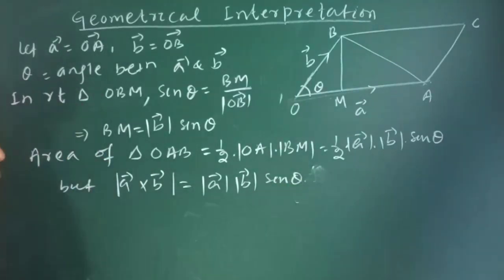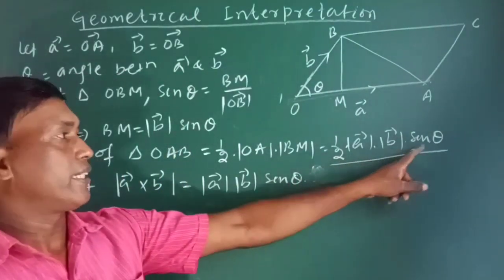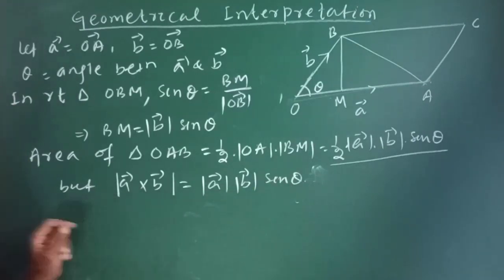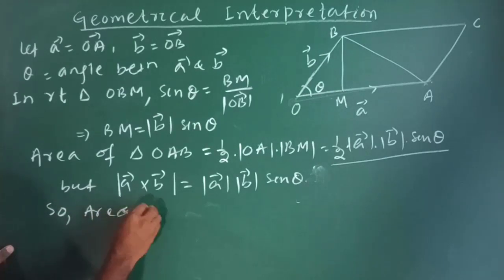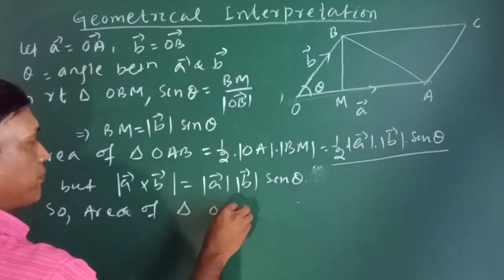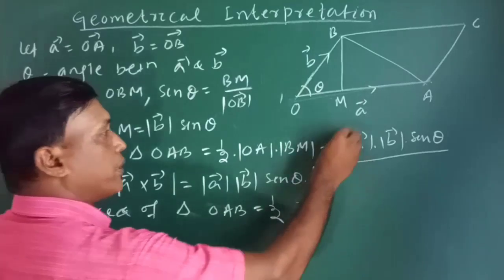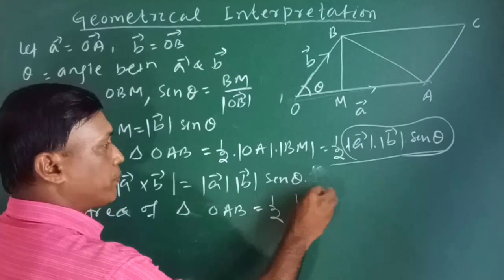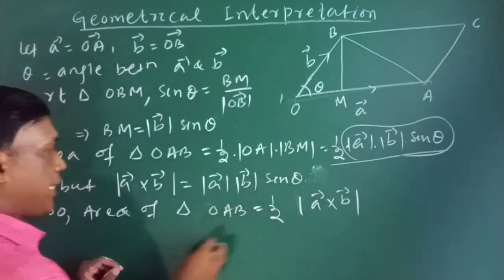Look here, this is half of AB sin theta, and AB sin theta means magnitude of A cross B. So area of triangle OAB is equal to half of magnitude of A cross B.